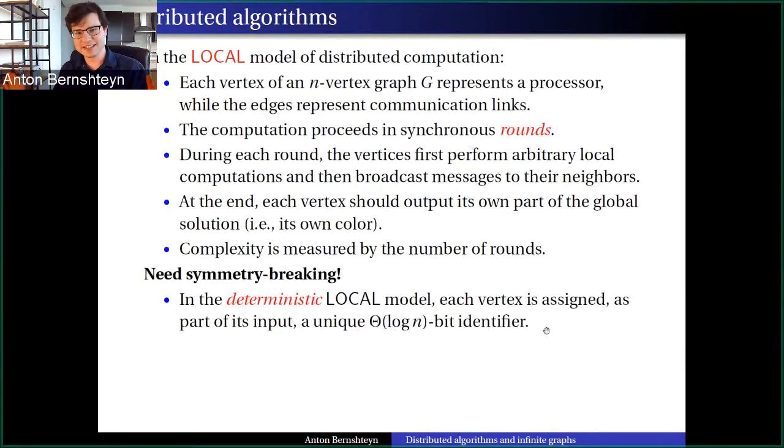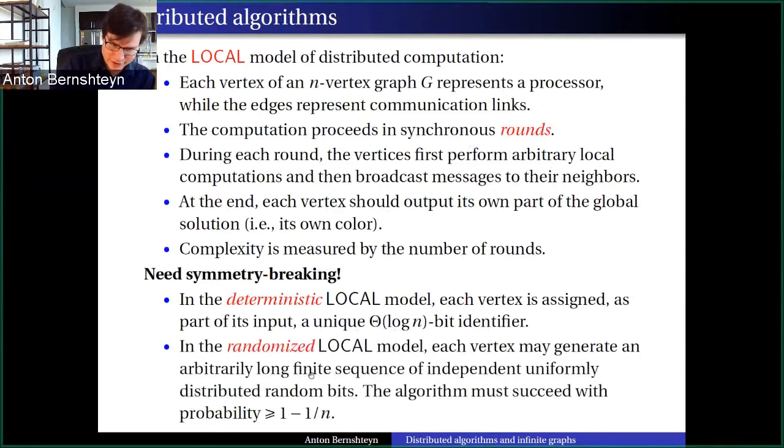Originally the vertex knows its identifier, maybe the identifiers of its neighbors. Then it can communicate with them, get more information, and eventually has to decide what its color is. And the resulting coloring has to be proper regardless of how the identifiers were assigned to begin with.